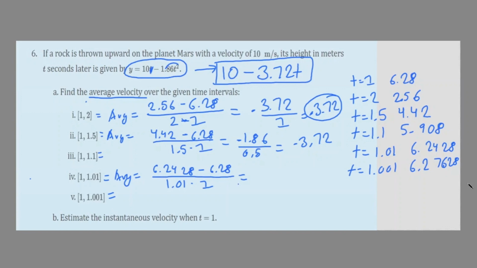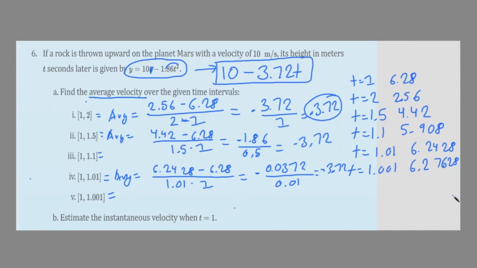Now if we do the math here, on the top it would give us negative 0.0372, and then on the bottom we would get 0.01. Now if we simplify that, that would just give us negative 3.72 again. So you see a trend going on here. The average velocity is staying the same.